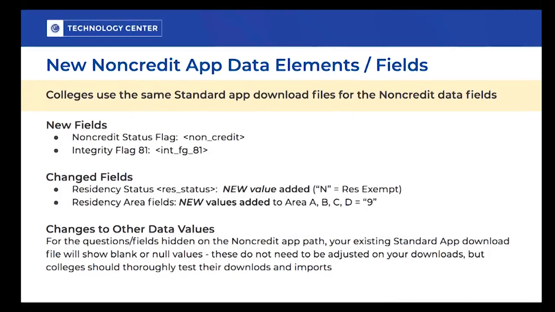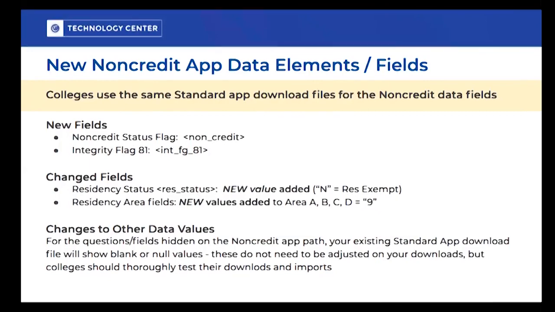The other field, the Integrity Flag 81 field, is another optional field. Most of our integrity flags pertain to residency, and they're specifically for admissions and records staff to help them understand why a student got a specific residency status.